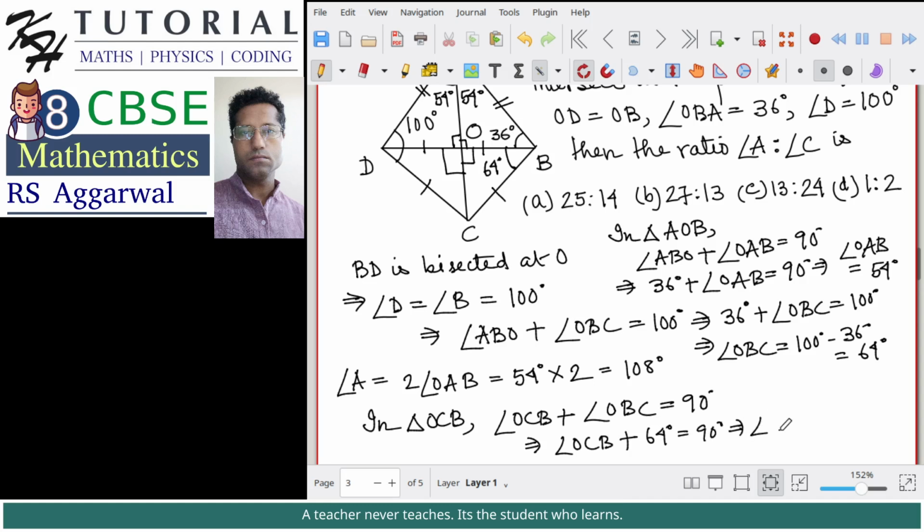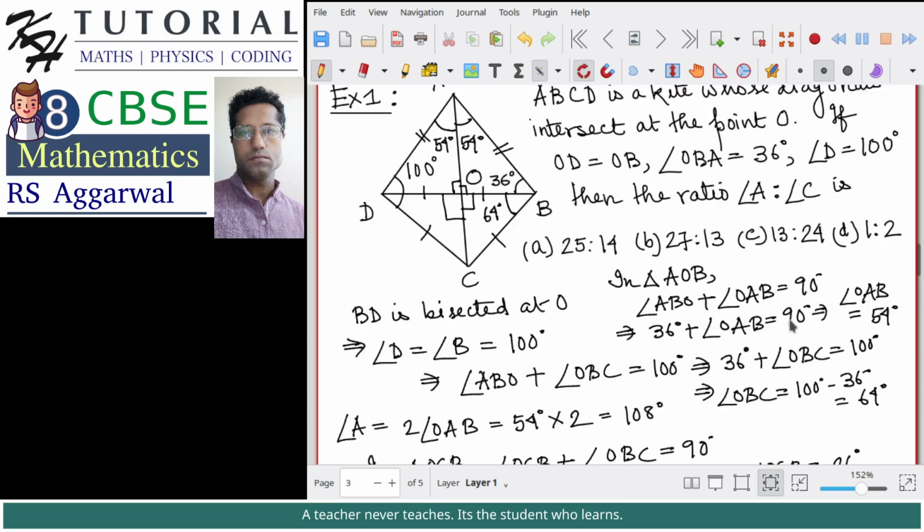So angle OCB will be equal to 90 degrees minus 64 degrees, that is 26 degrees.